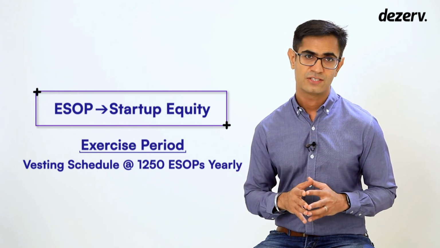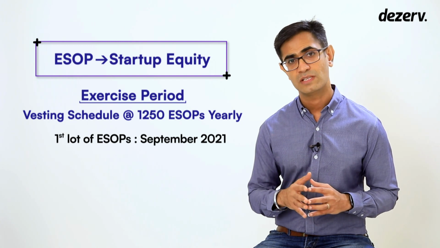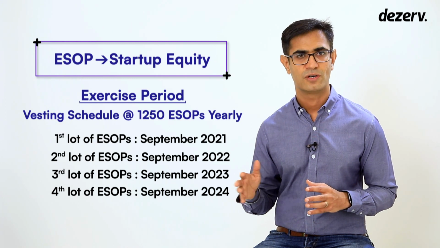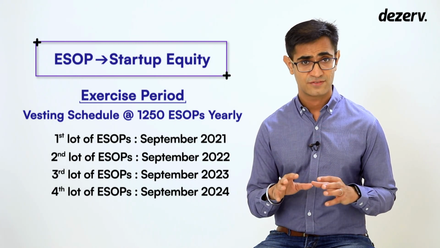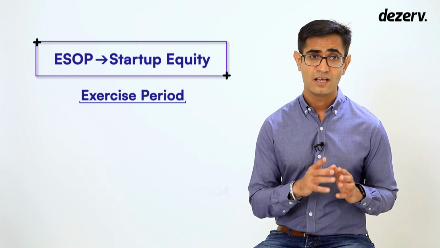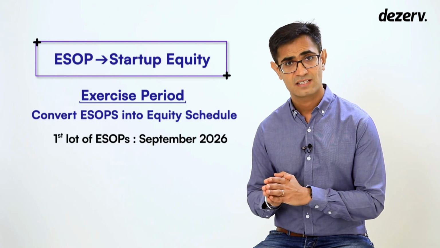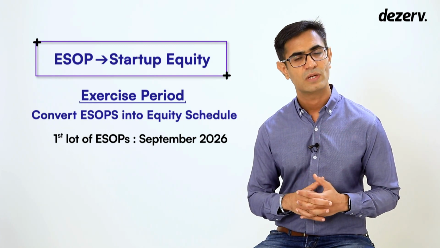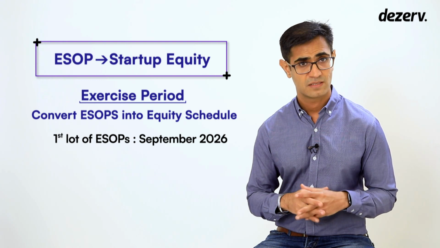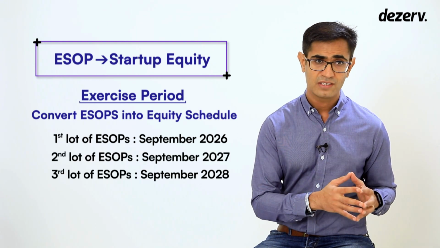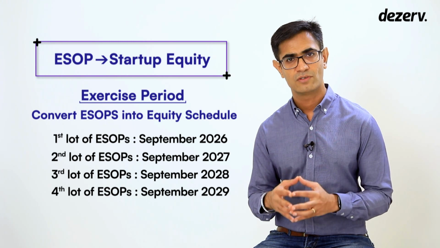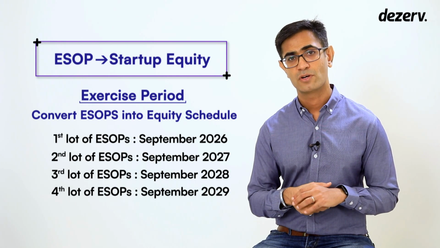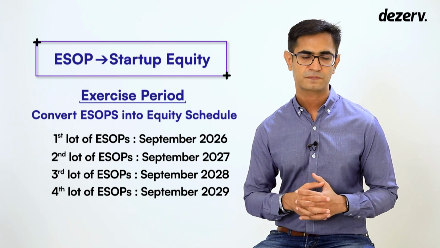The first 1,250 ESOPs will be vested in September of 2021, the next 1,250 in September of 2022 and so on. Since the exercise period is 5 years, you will have time till 1st September 2026 to convert your initial lot of ESOPs which were vested in September of 2021 into equity. Similarly, September 2027 is the time available to convert or exercise the next lot of 1,250 ESOPs vested in September of 2022 and so on.